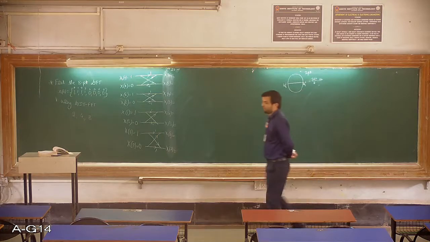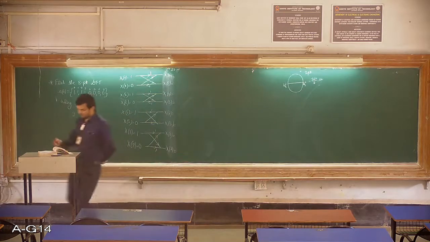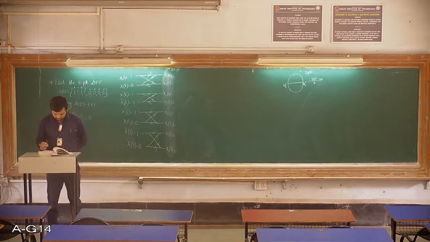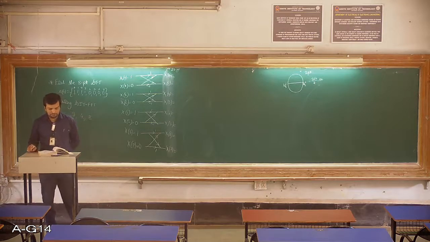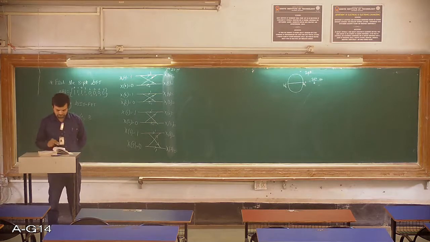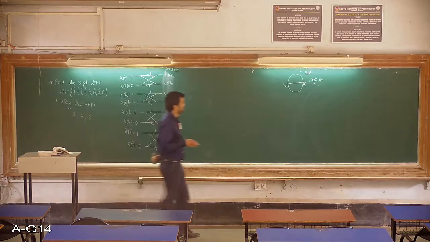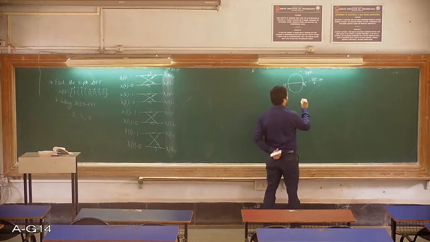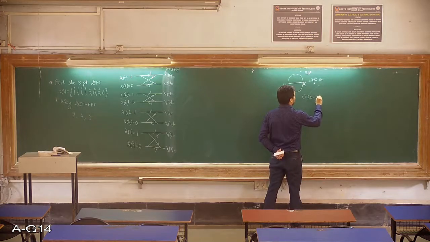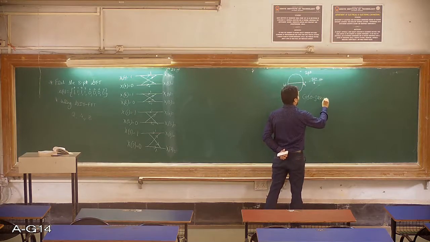We have the equation for the calculation of twiddle factors: e raised to j omega n, or else I will write the final equation, cos theta minus j sin theta, theta k I will consider.